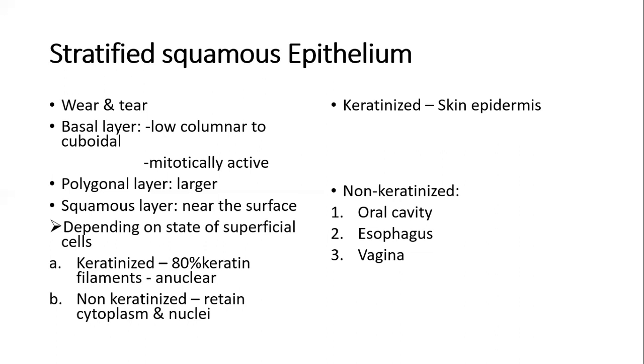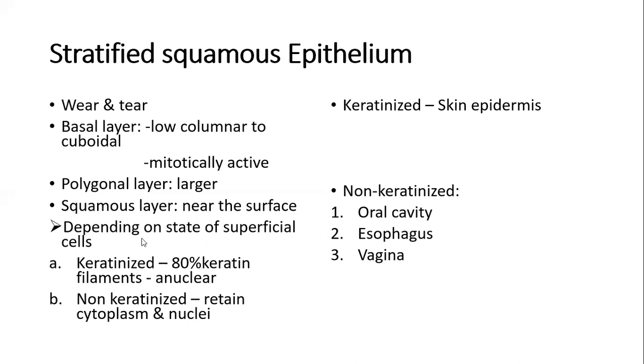Next to the basal layer, we have multiple layers of polygonal cells, and on the topmost, we have a squamous layer, could be one or two near the surface. So you can see how variable the shapes of the cells are within a single epithelium, forming multiple layers.